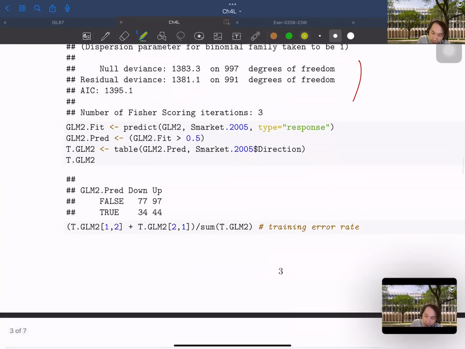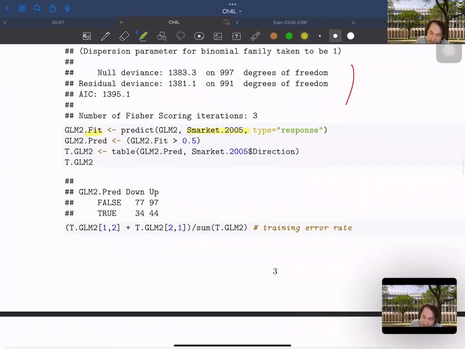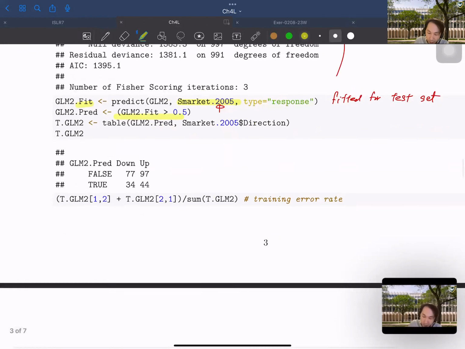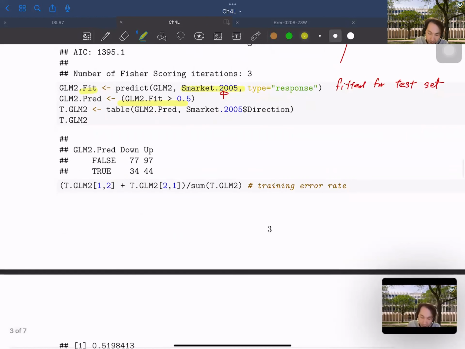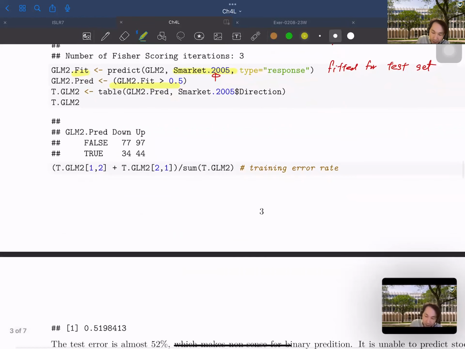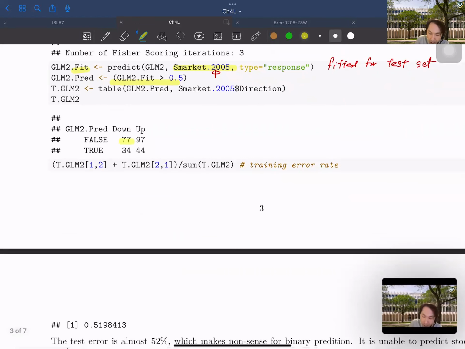And we calculate fitted values for the test data set. So this is the test set. And we decide whether or not this is more than 0.5, so 50%. Then we make a contingency table, with only about 250 observations.